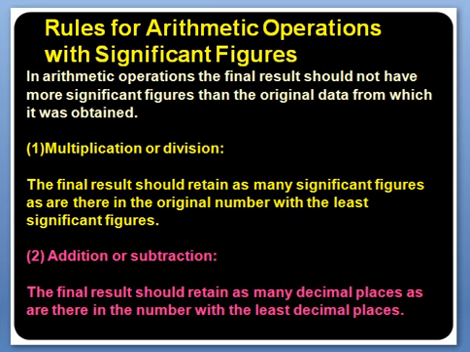So let us see the rules for arithmetic operations with significant figures. In arithmetic operations, the final result should not have more significant figures than the original data from which it was obtained.